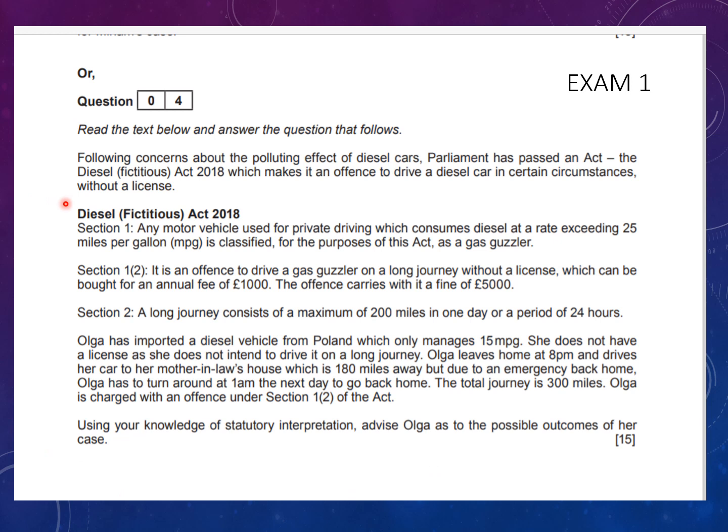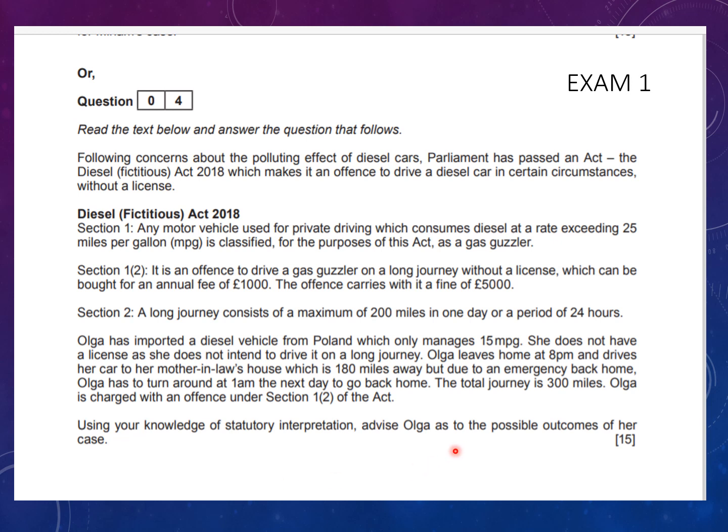So you have to read this fake act of Parliament, the Diesel Fictitious Act, and work out what Olga's done and whether she would be guilty under that offence or not using statutory interpretation. To answer that well, you'd need to be looking at how the literal rule would work with this particular scenario, and how the golden rule, mischief rule and purposive approach would work to advise your character.